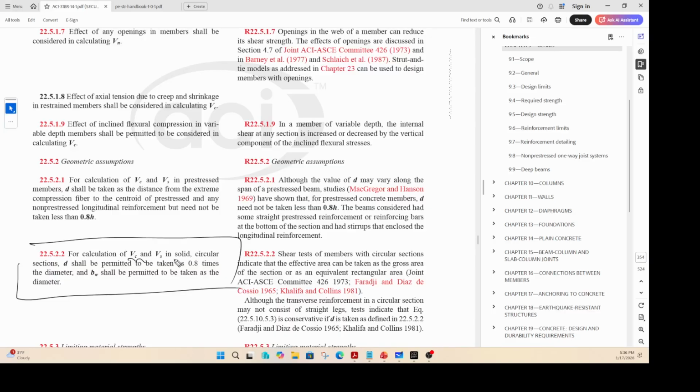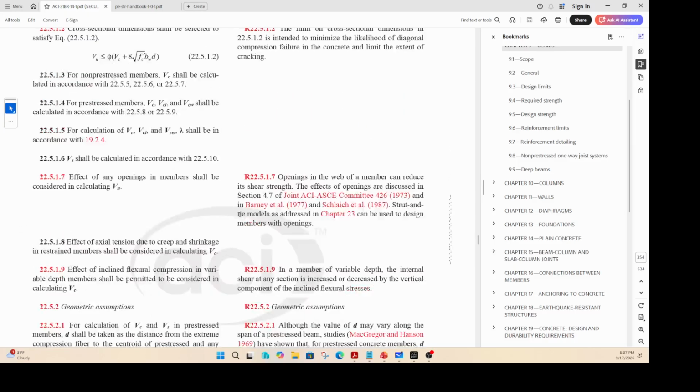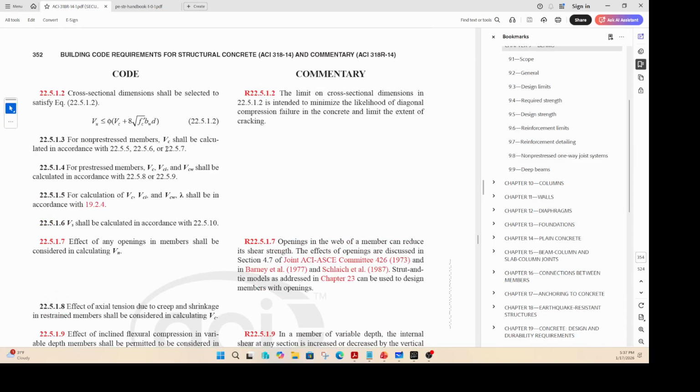So we see for a solid circular section, d shall be permitted to be taken as 0.8 times the diameter. So d is nothing but 0.8 times your diameter, and bw can be the diameter. So for a circular shape, you know your d, you know your bw from this section here. Then you can calculate your Vc, you're back in business, right?